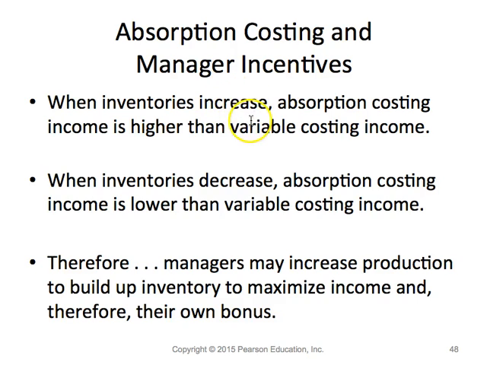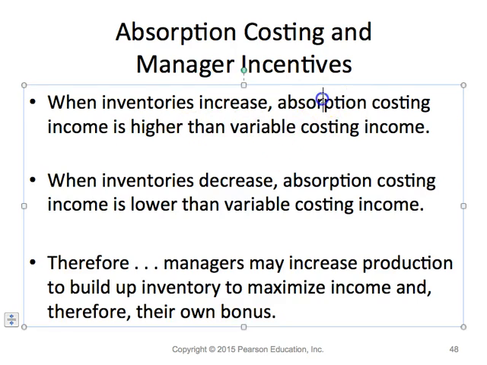When inventory increases, absorption costing income is higher than variable costing income. Why? Think about what is included in absorption costing and what is not included in variable costing. Absorption costing has a lot more than variable costing.